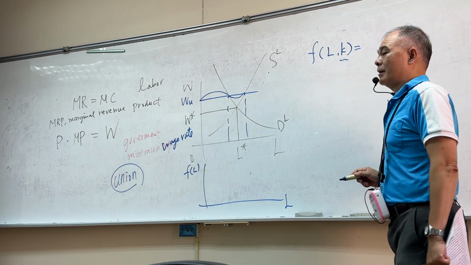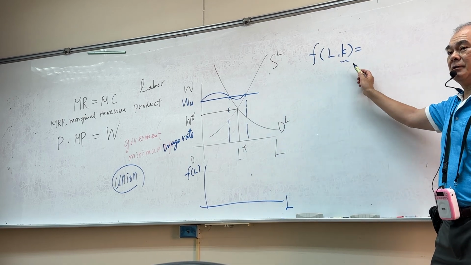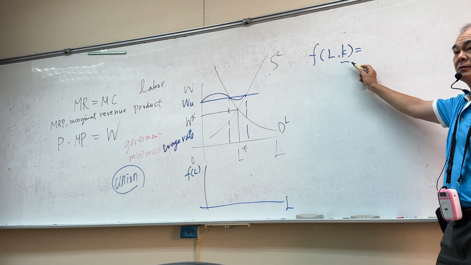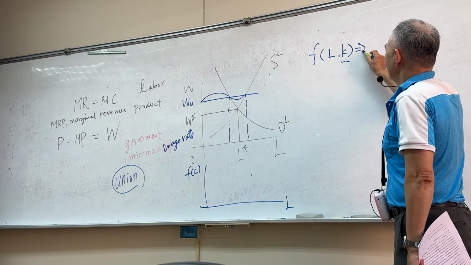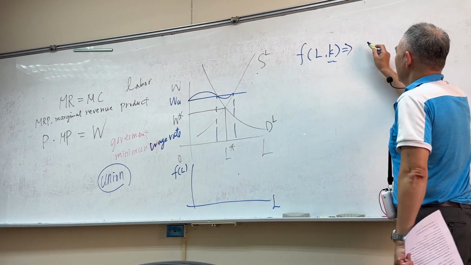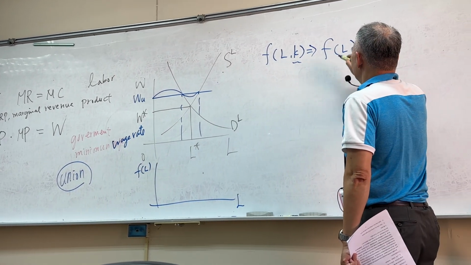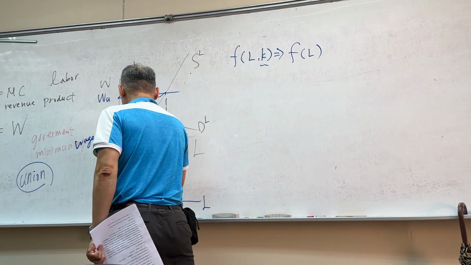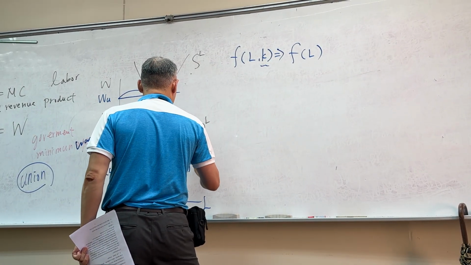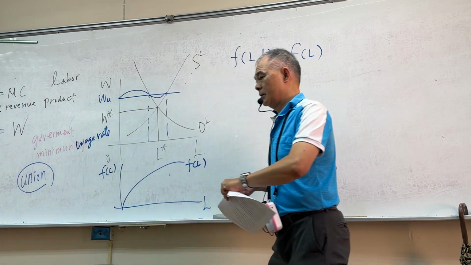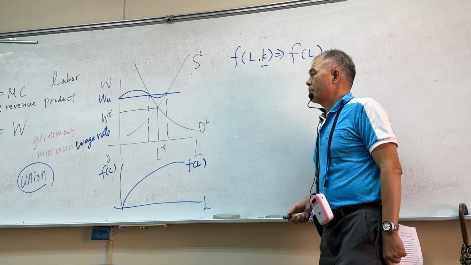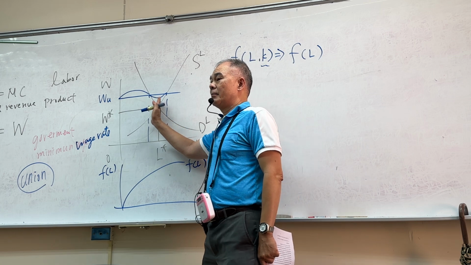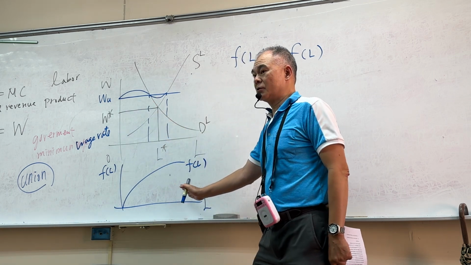But oftentimes in a society, the amount of capital is fixed. So we can simplify the production function into F(L), okay? So basically it is something like this. Questions? So this is the labor market, and this is the production function.